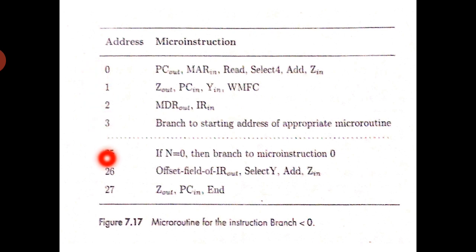Otherwise, if n is equal to 1, the micro instruction at location 26 is executed to put the branch target address into Z, as in step 4. The micro instruction in location 27 loads this address into the program counter.